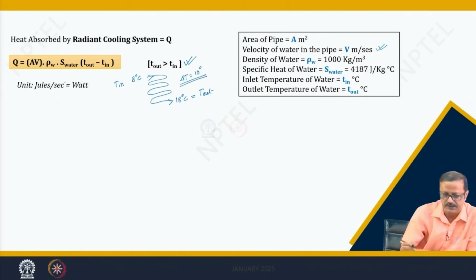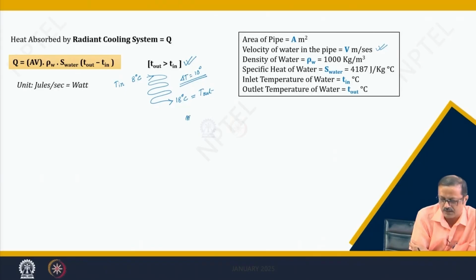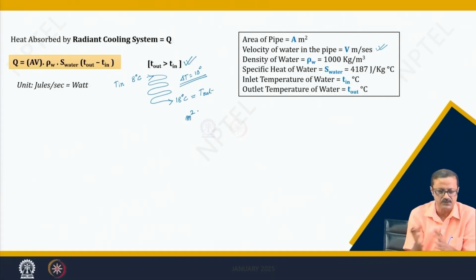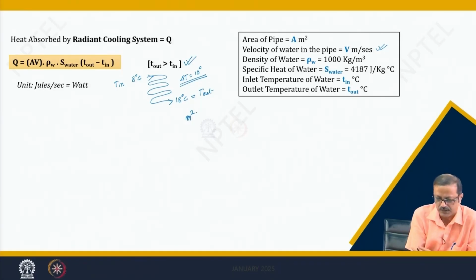Now, A is in meter square. I always love to do the unit balance, because that gives me some confidence that the two sides are equal, and shows what the final unit will be.